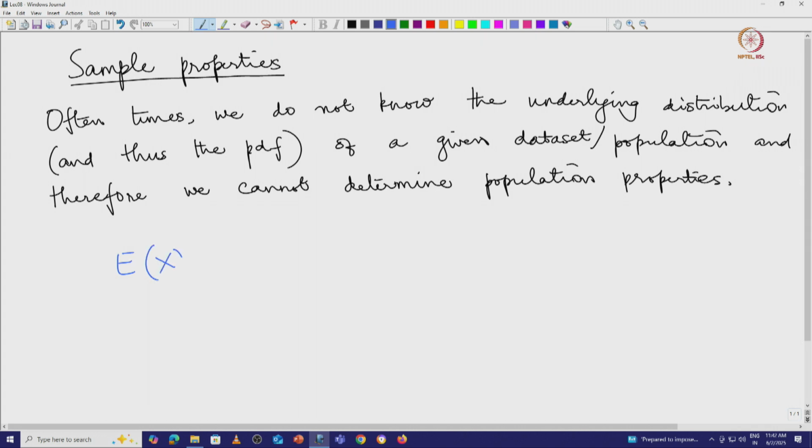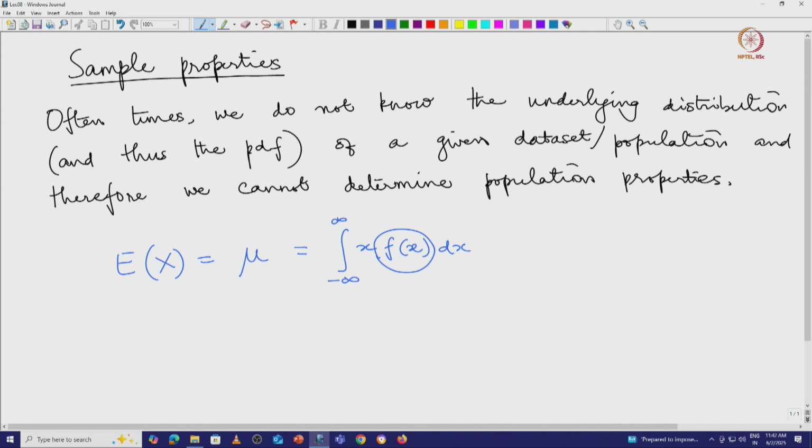Just to refresh you, you know that the expected value of x, which is denoted as mu, is simply the integral from minus infinity to infinity of x f of x dx, and if you do not know f of x, then what do you do, right.